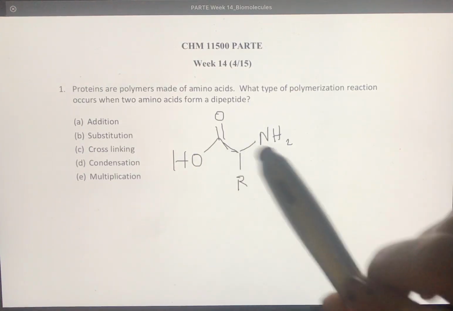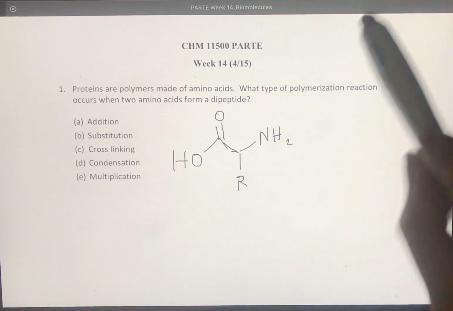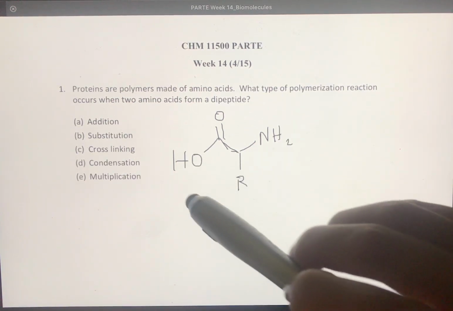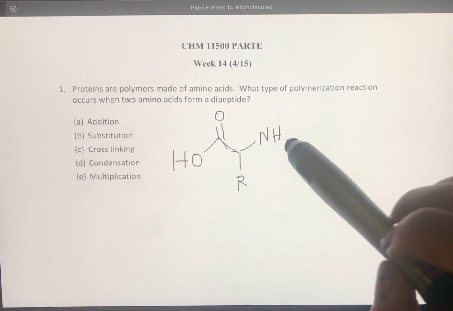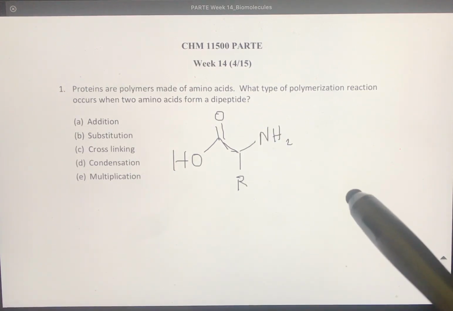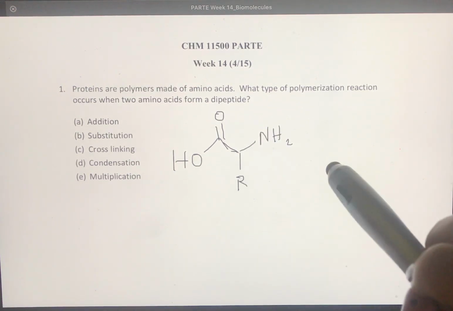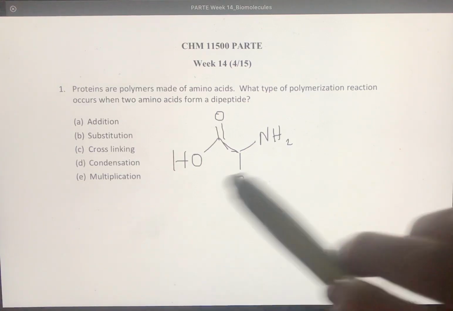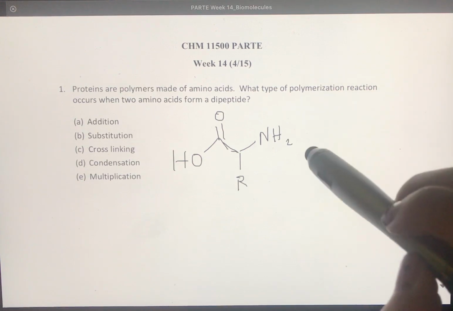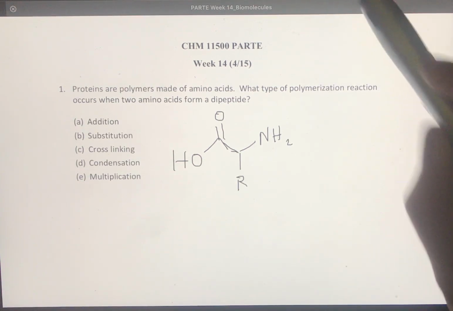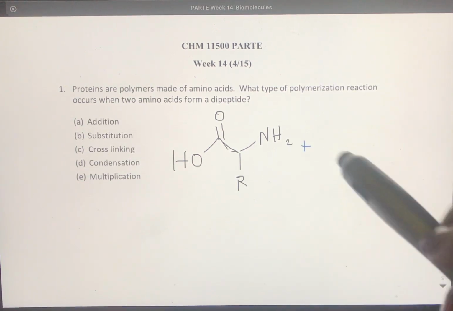So if you'll notice, we have two different reactive groups on the two sides. So we have this acid on one side, and then we have an amine on the other side. And when we react these two together, these two will be your two reactive groups, and it will combine with another one. So I'll draw another one in blue.